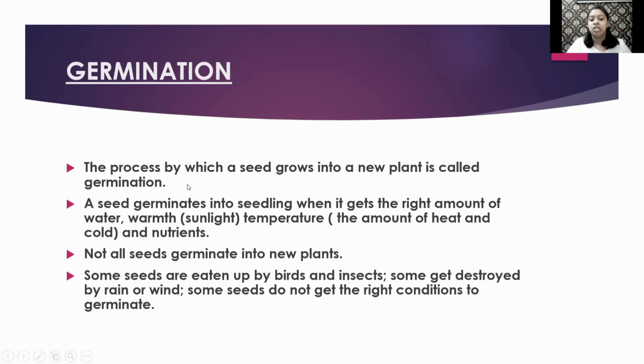Not all seeds germinate into new plants. So we all come to know that not all seeds germinate into new plants, but a few seeds do. Some seeds are eaten up by birds and insects. Some get destroyed or washed away by rain or wind. Some seeds do not get the right conditions for germination.